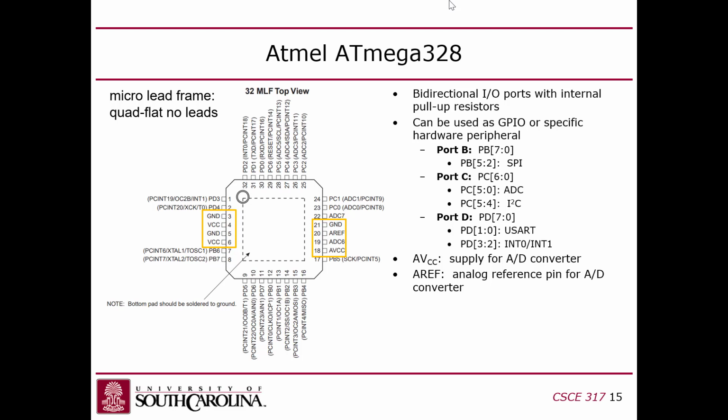Aside from these 8 pins, all the other pins are part of 3 general purpose ports, labeled B, C, and D. I don't know why there's no A. Each one of these is 8 bits wide, except for C, which is only 7 bits wide. I don't know why.